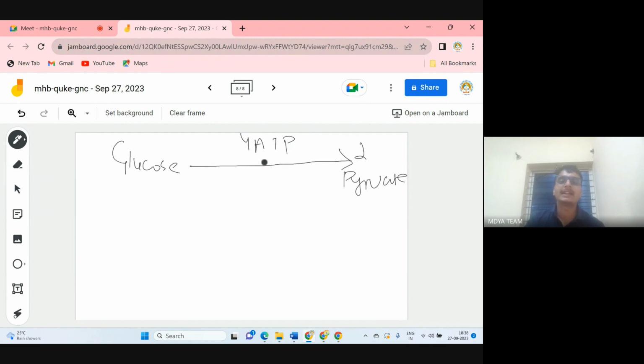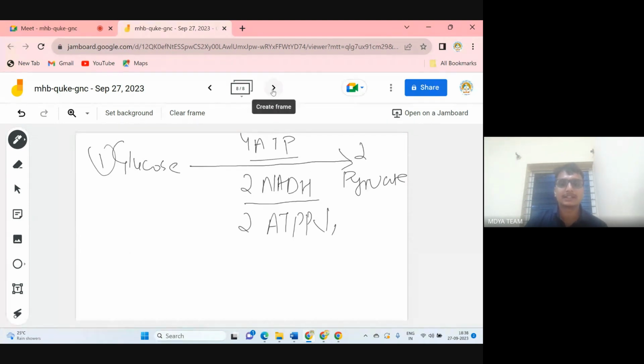In this, 4 ATP production will be there, 2 NADH production will be there, and 2 ATP consumption will be there. This is the first step. The second step is just to utilize this NADH so that it won't get accumulated in the absence of oxygen. The second step is different in humans and microorganisms. We will discuss both of them.